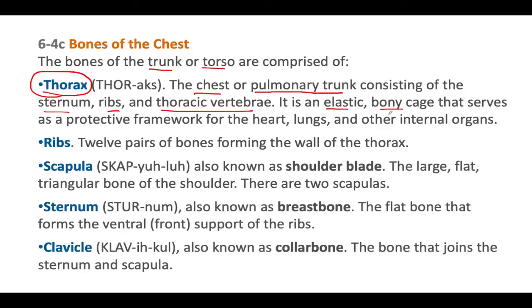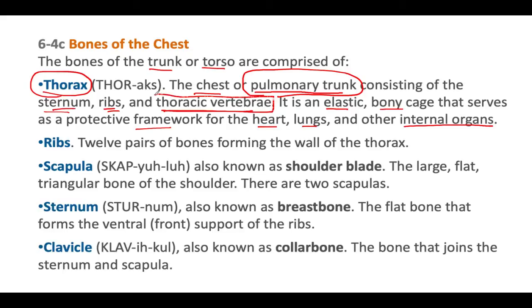This is the ribs that serve as a protective framework for the heart, lungs, and other internal organs. And that is the pulmonary trunk. And it has the sternum, ribs, and the thoracic vertebrae.